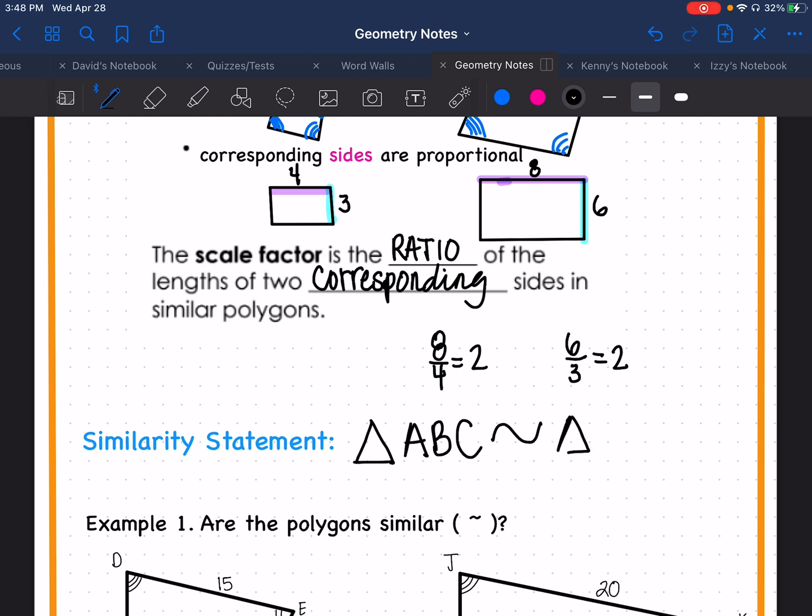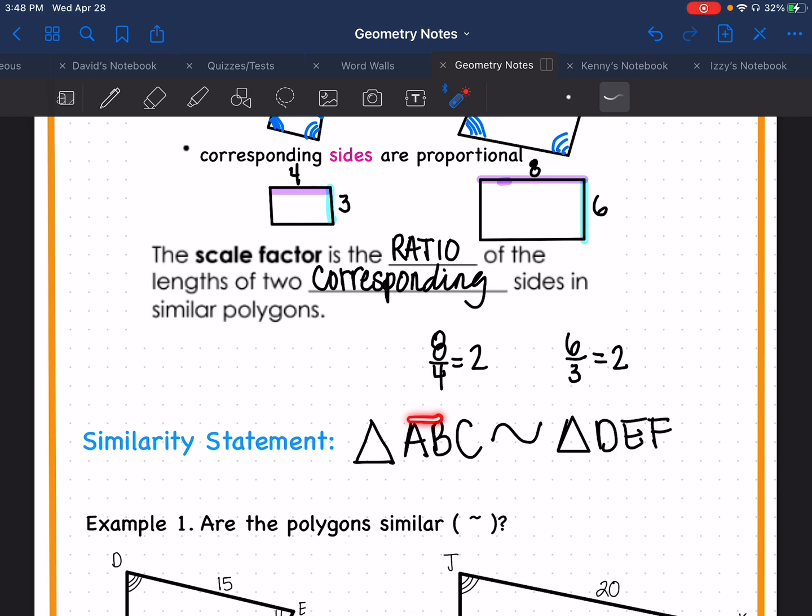Just the wave, no equal sign this time because we're not equal. DEF. Now, this statement is very important because it tells me which angles are equal. A is equal to D, B is equal to E, and C is equal to F because of their position, first, middle, last.